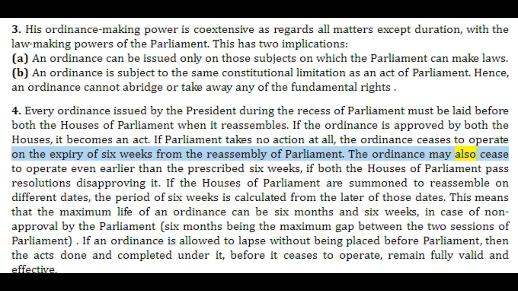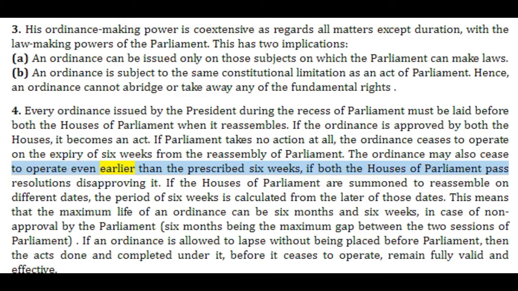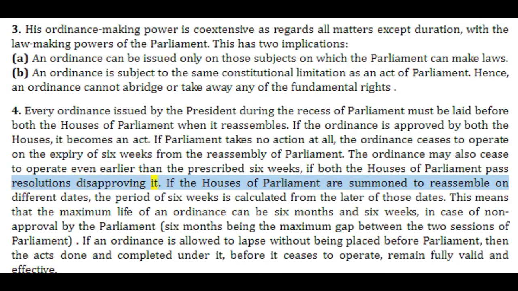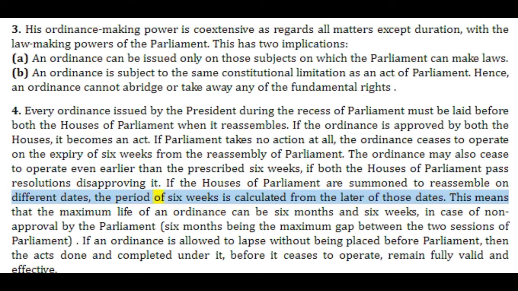The ordinance may also cease to operate even earlier than the prescribed 6 weeks, if both the Houses of Parliament pass resolutions disapproving it. If the Houses of Parliament are summoned to reassemble on different dates, the period of 6 weeks is calculated from the later of those dates.